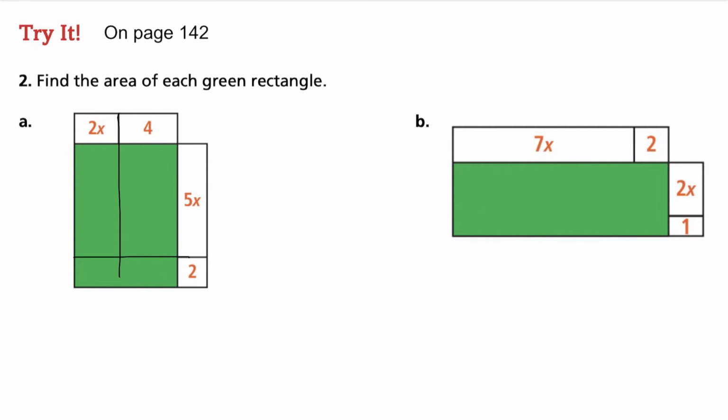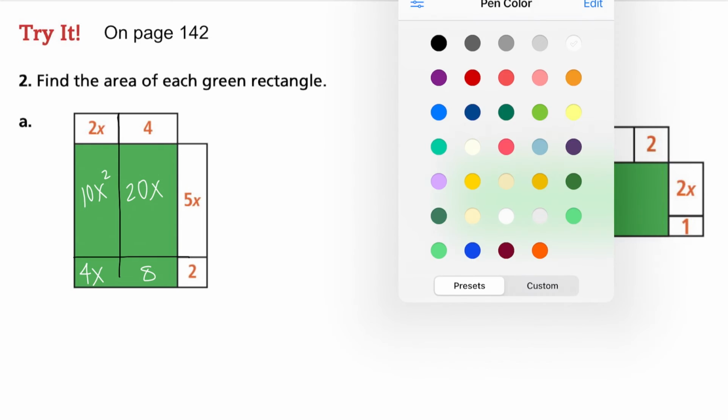So for this first rectangle, I have 2x times 5x, which will give me 10x squared. Then I have 4 times 5x, which will give me an area of 20x. Then I'll have 2x times 2, which will give me 4x, and finally 4 times 2, which will give me 8.